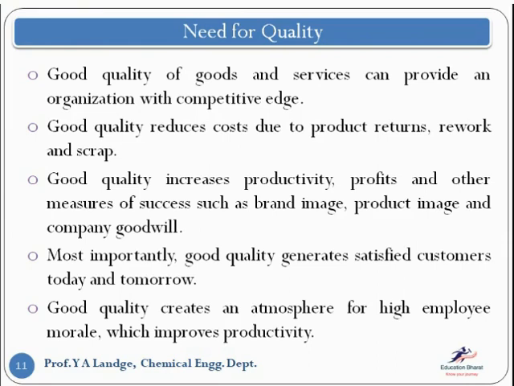The same thing happens with vehicles. When you talk about vehicles, for example, if you take Honda, it has its own brand, and we know the quality of Honda. It is a Japanese company, and it does not compromise on the quality of its products.